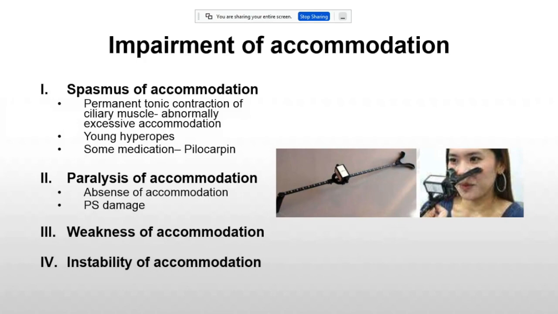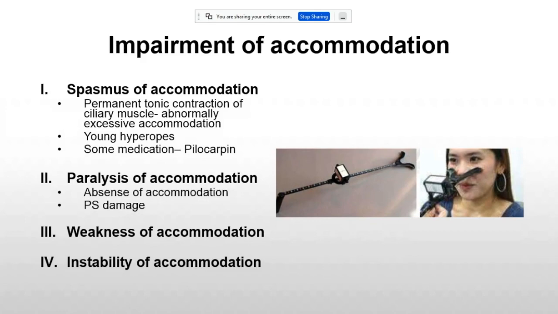Young hyperopes most commonly can develop this spasm through abnormally excessive accommodation, and some medication can also give spasm of accommodation. Pilocarpine, an anti-glaucoma drug in eye drops, can really give this complication.